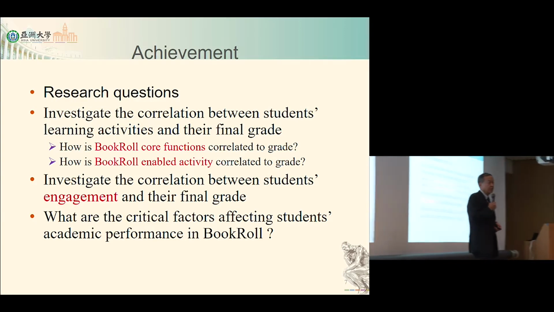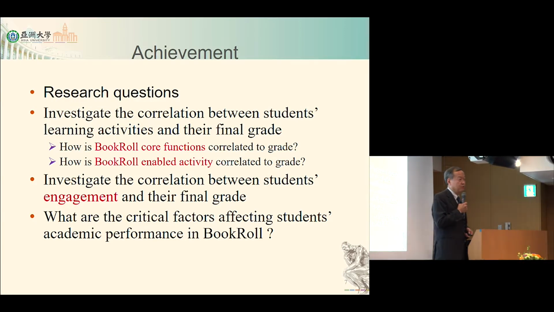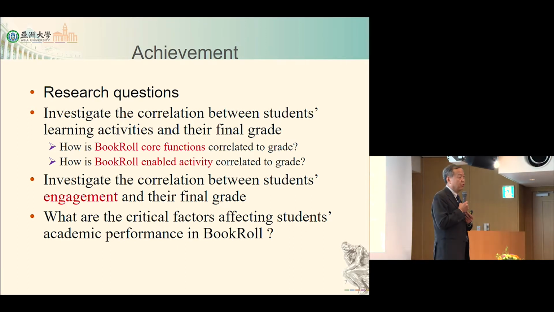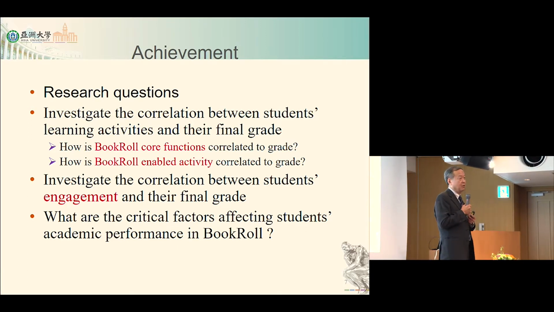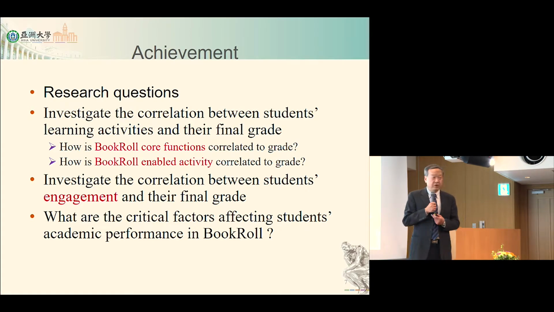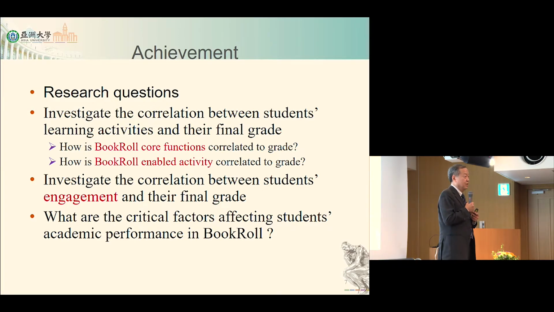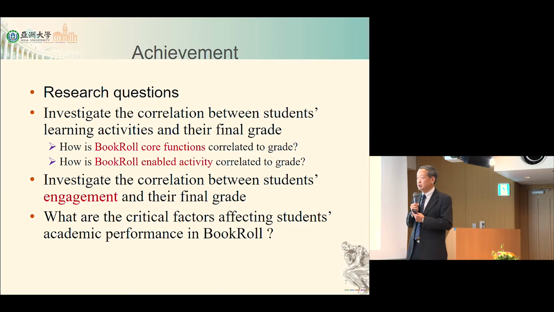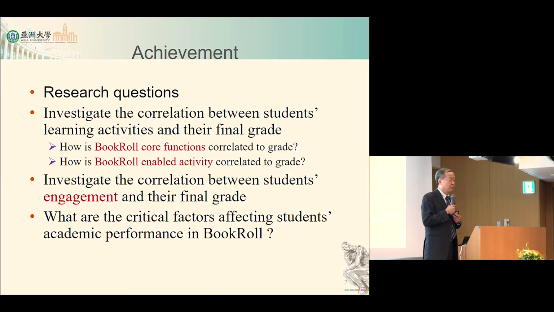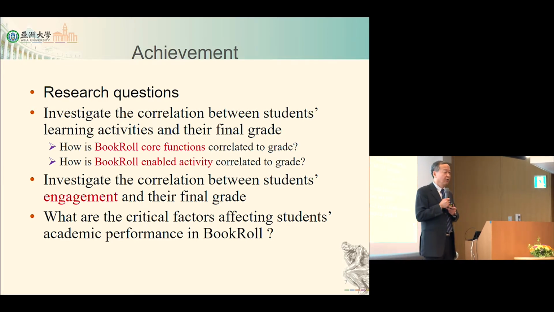Now, I'd like to talk about our achievement. According to the 89 courses, the tracing log of BookRoll, our professors are working very hard and putting a lot of effort into solving the following research questions. For example, they want to investigate the correlation between students' learning activities and their final grade.